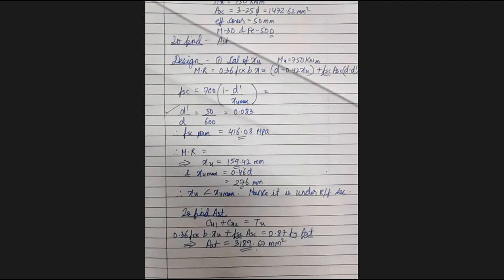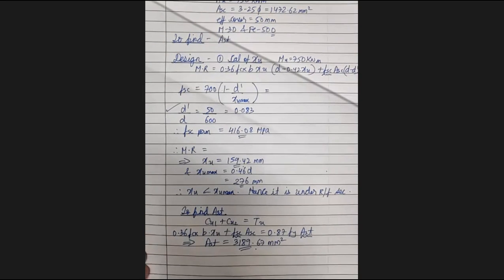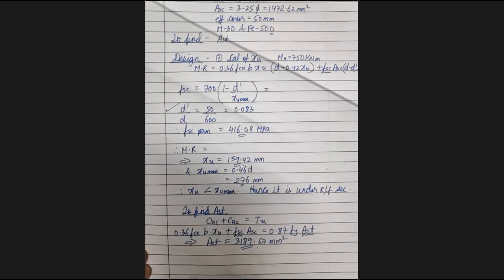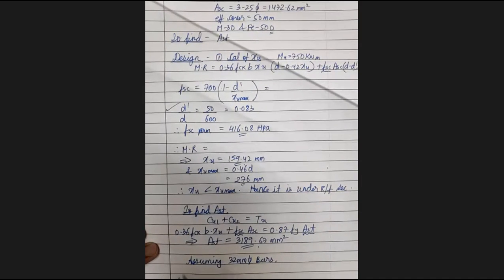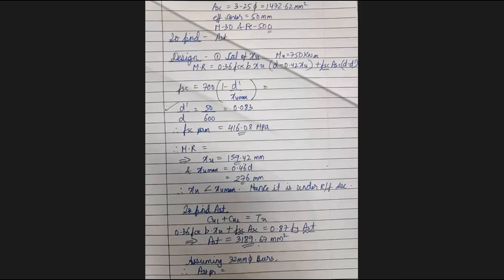So now we got the value of AST also. Now let us select a suitable diameter and provide the steel. Assuming, let us say, 32 mm diameter bars. So therefore AST provided, you're taking 2 of 32 and 4 of 25. If only 32 is used, how many would it come to?